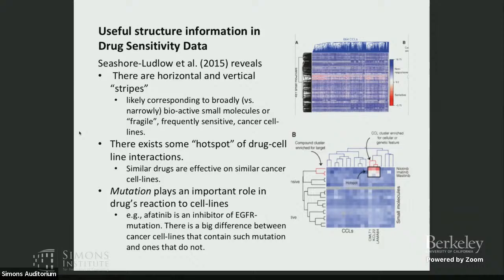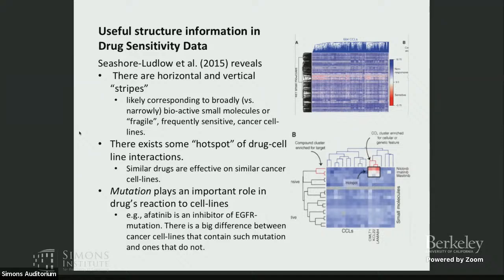We are more interested in this kind of hotspot. It presents a group of drugs that have similar properties and somehow have similar effectiveness on a group of cancer cell lines. There are such groups available, and depending on the size of the group, this kind of structure can introduce different levels of difficulty for being recognized in the study.